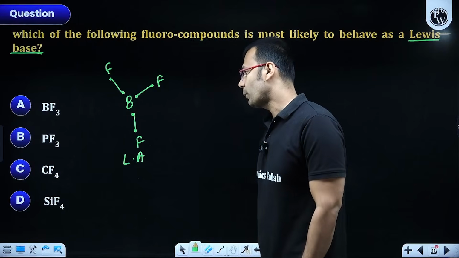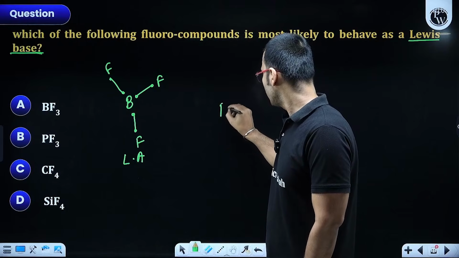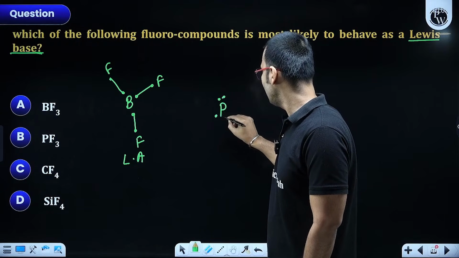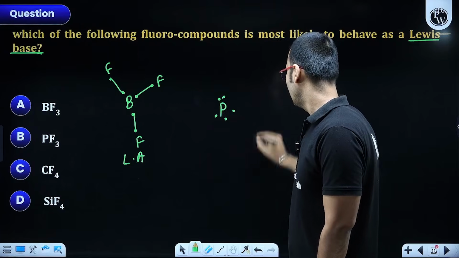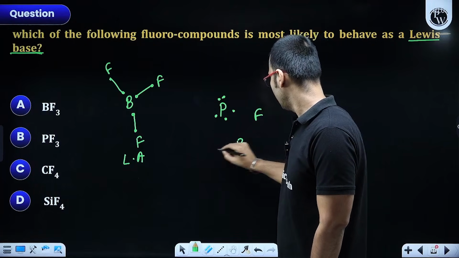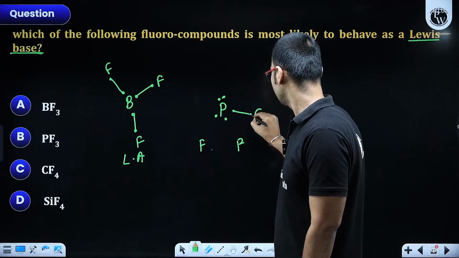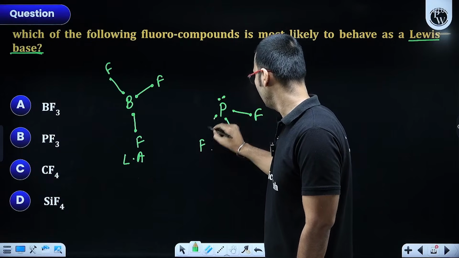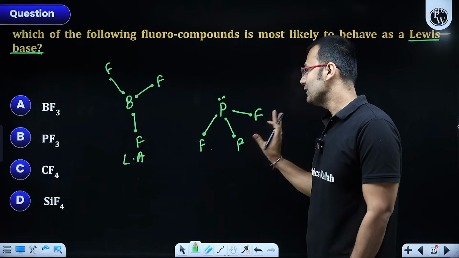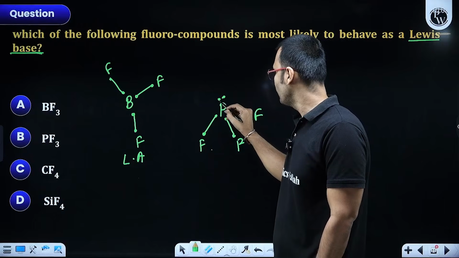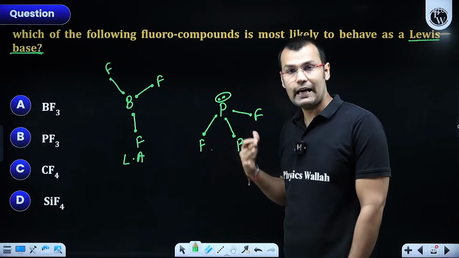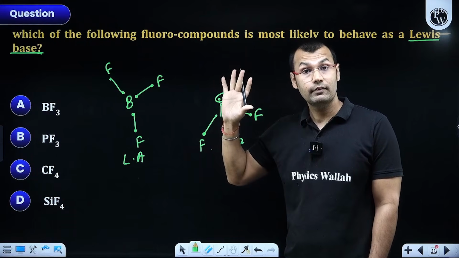If you check the next option, PF3, phosphorus has total 5 electrons in the valence, and here we have 3 fluorine. Each fluorine will take 1 electron from the phosphorus through covalent bond. Now in PF3, the phosphorus has a lone pair, and phosphorus can extend its valency up to 5, right?